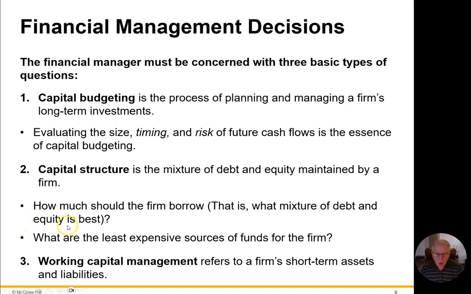And then we have working capital management, and that's a function of short-term assets and short-term liabilities. You'll remember from accounting that our current assets or short-term assets generally are cash, receivables, inventory, and prepaids.